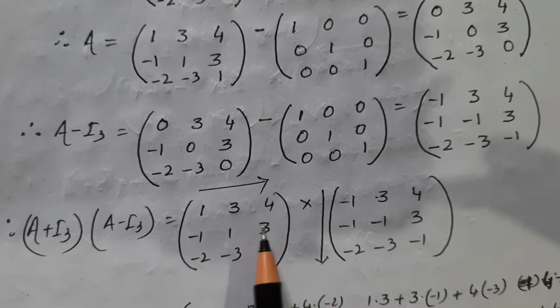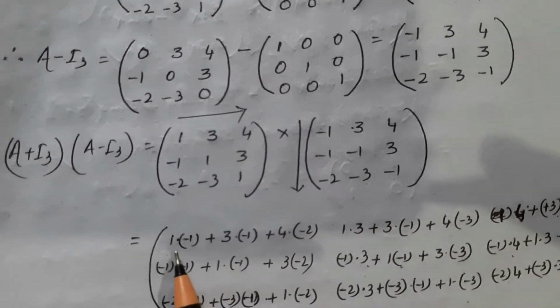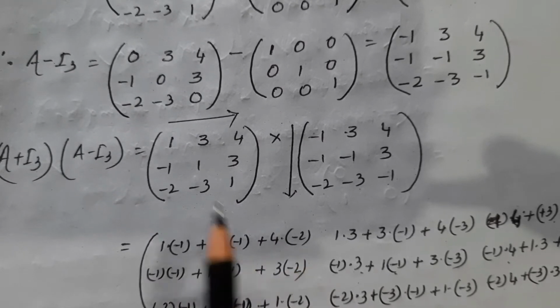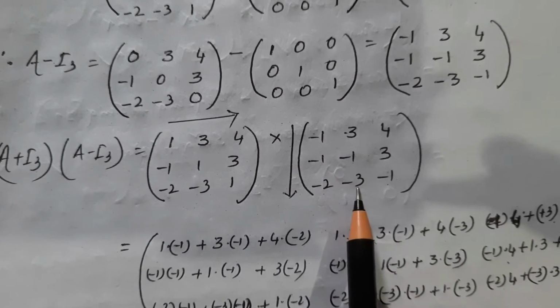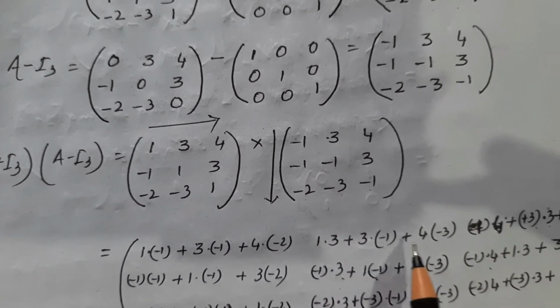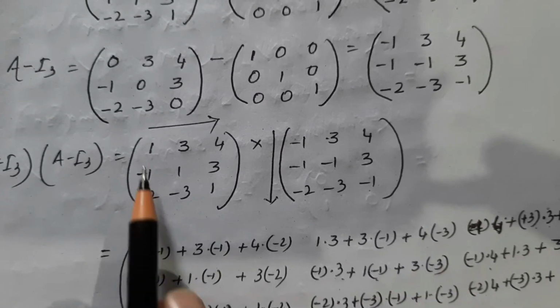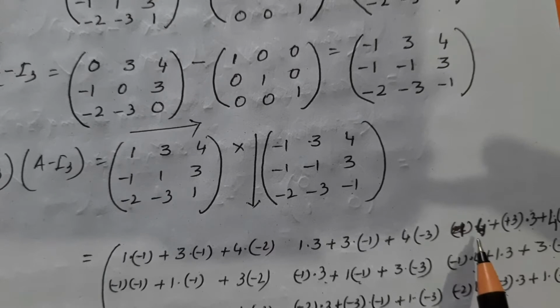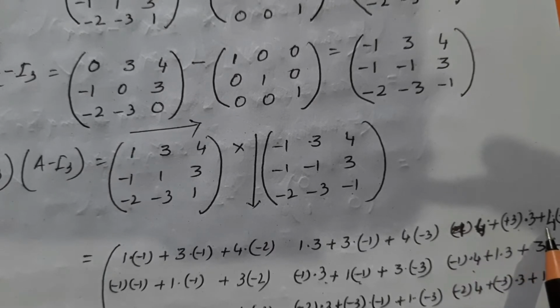First row multiplied with the first column, we get 1 into minus 1, 3 into minus 1, 4 into minus 2. First row multiplied with the second column, we get 1 into 3, 3 into 1, plus 4 into minus 3. First row multiplied with the third column, we get 1 into 4 plus 3 into 3 plus 4 into minus 1.